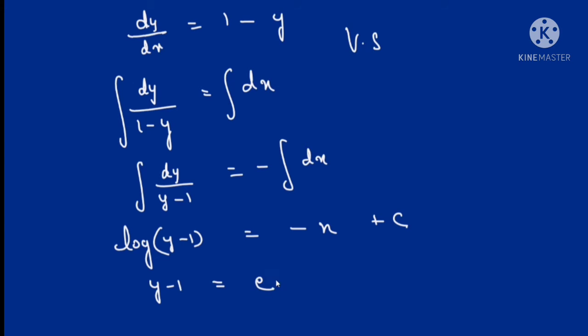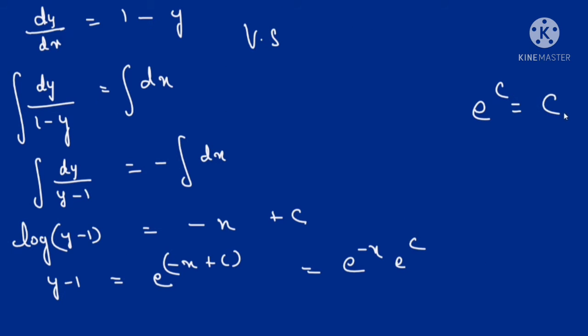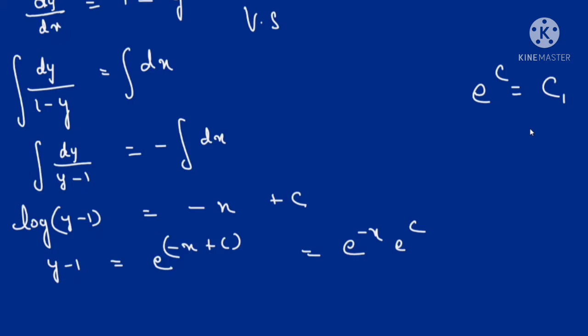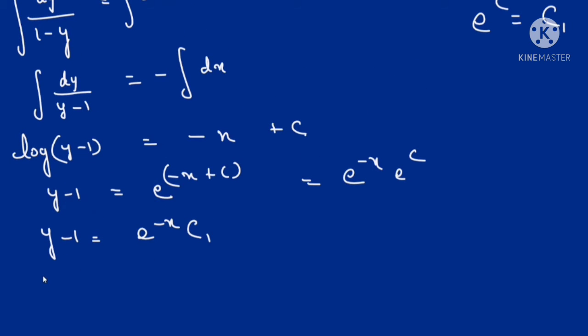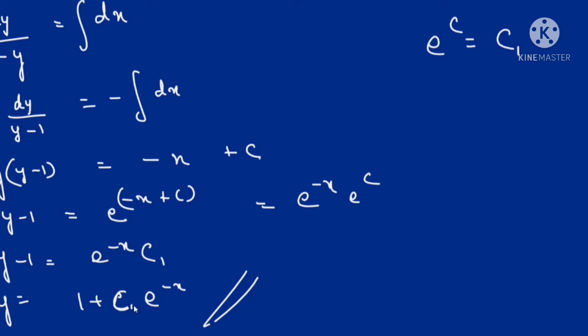This will become y minus 1 is e to the power minus x plus c, which is equal to e to the power minus x times e to the power c. e to the power c is a constant. Just take it as c1. So y minus 1 is c1 e power minus x, where c1 is e power c. So y is equal to 1 plus c1 e power minus x, where c1 is e power c.